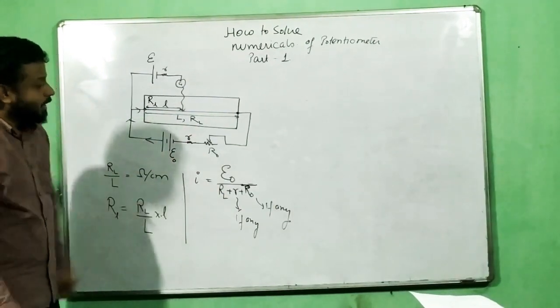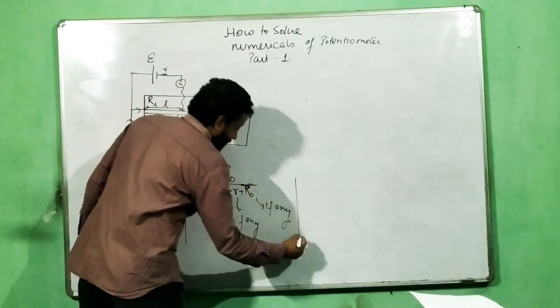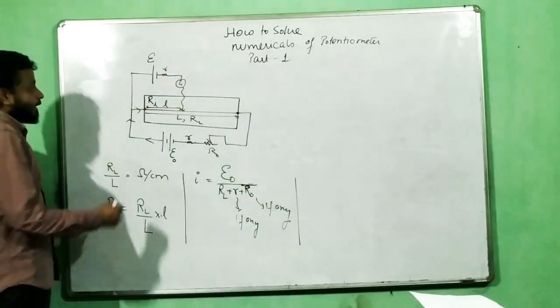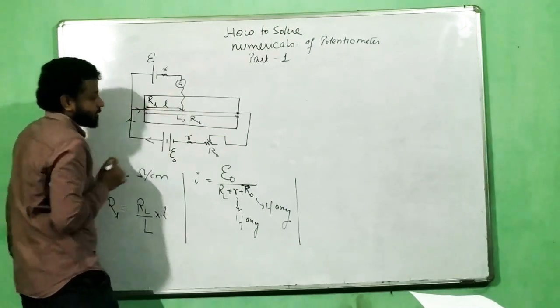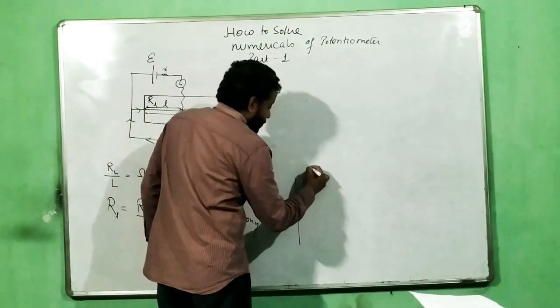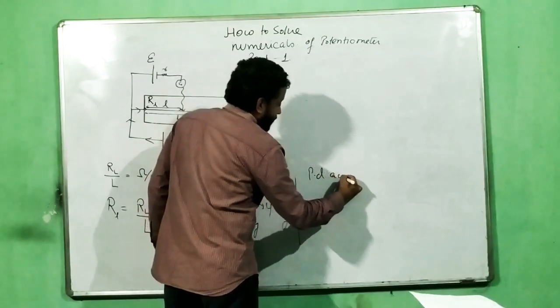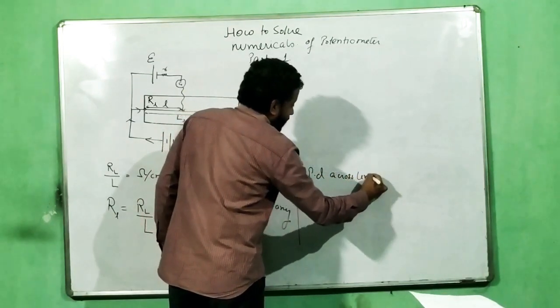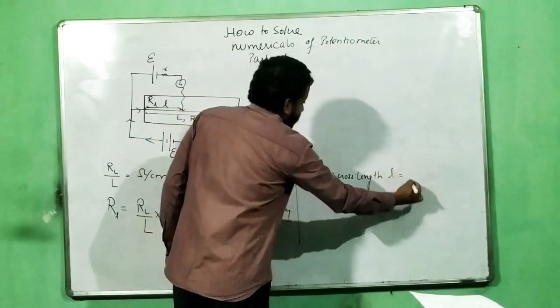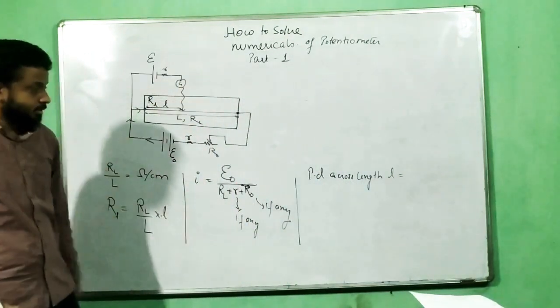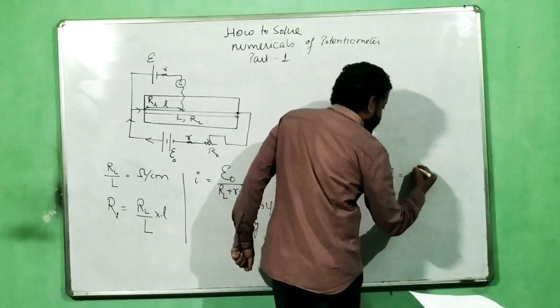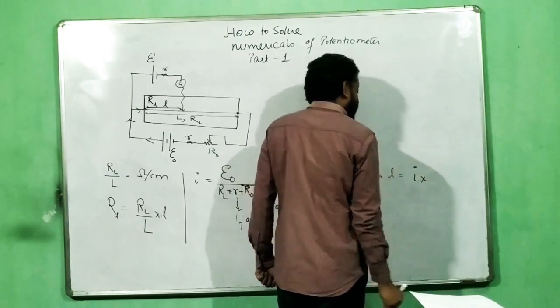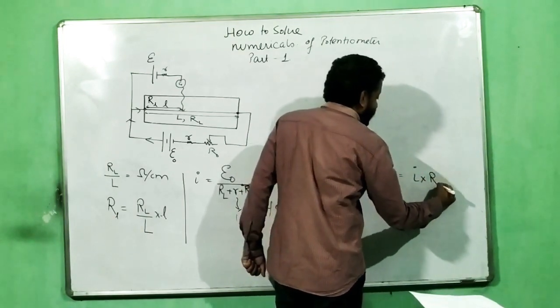Now if I know the current, what will happen if I multiply current with this resistance from here to here? So the potential drop across length small l will be equal to the current which you have found multiplied by the resistance of length small l.